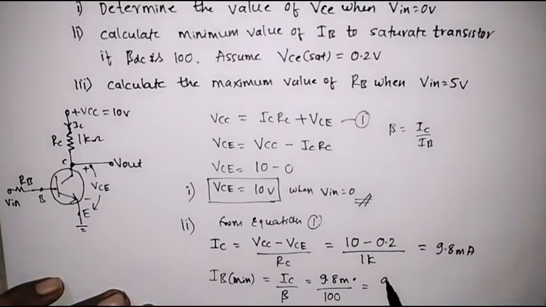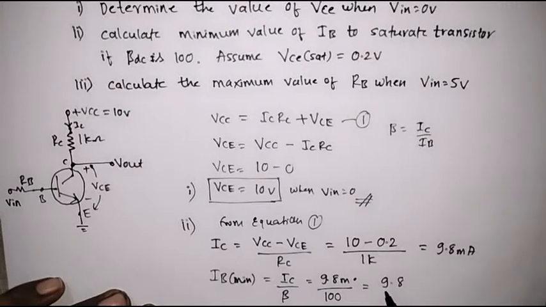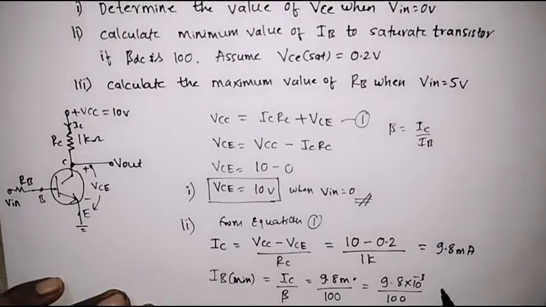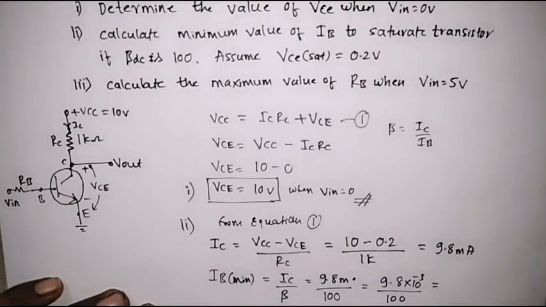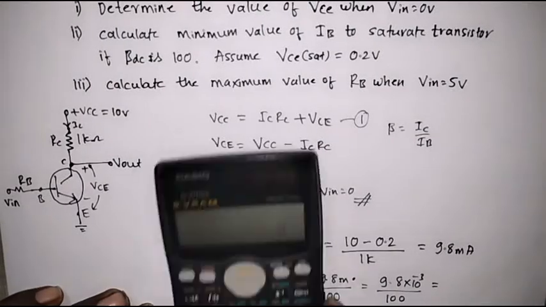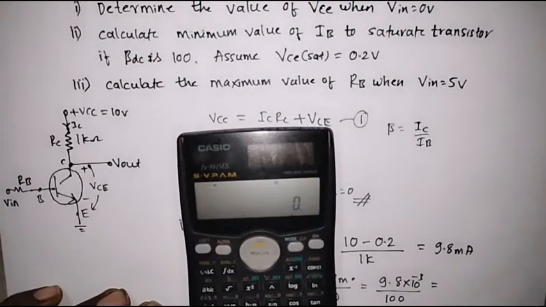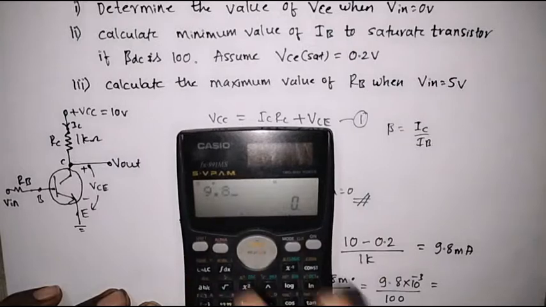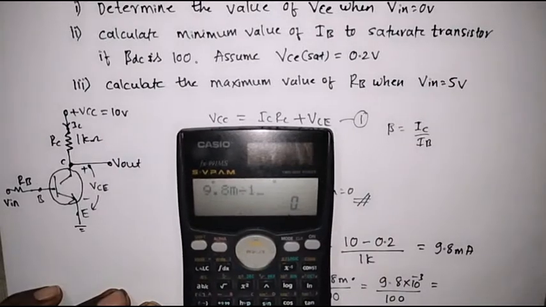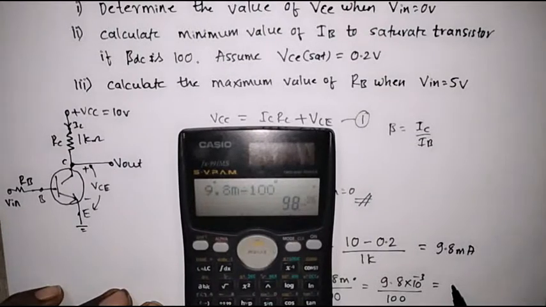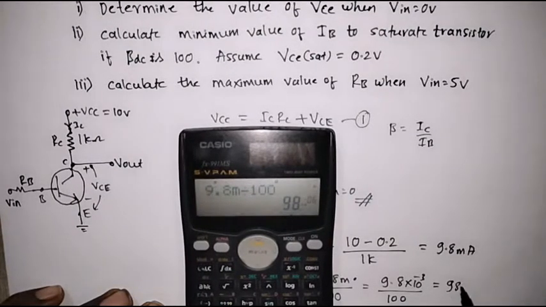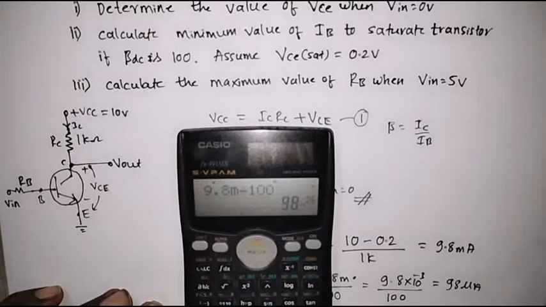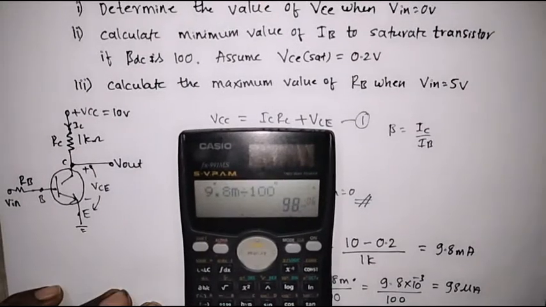So I can write it as 9.8 into 10 raised to minus 3, that is milli, divided by 100, which gives 98 microamps, that is 10 raised to minus 6 is microamps.